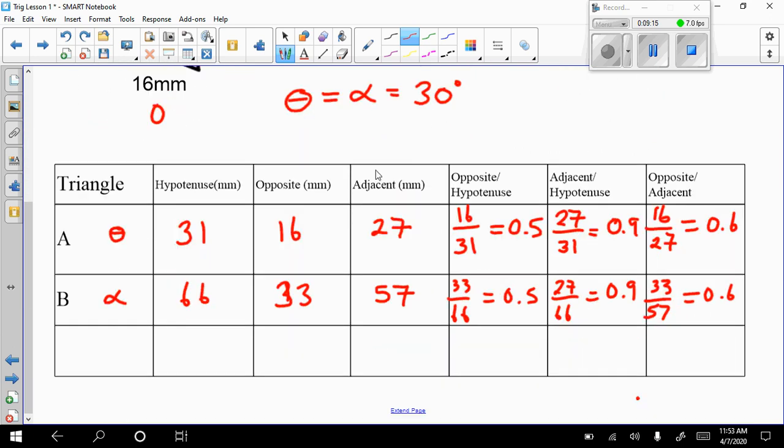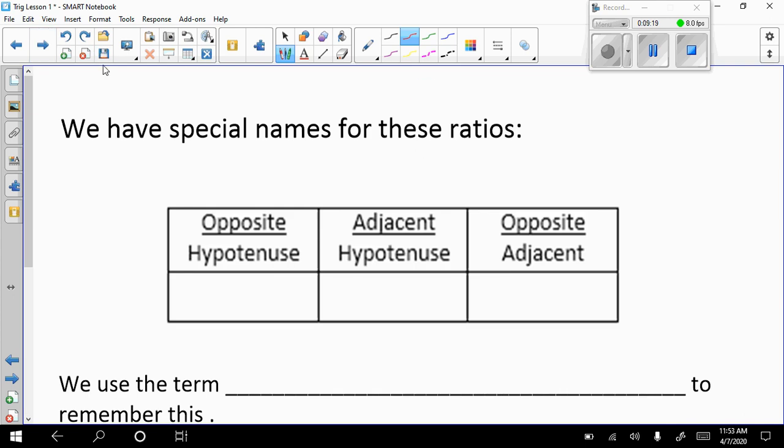Now, let's go to the next slide. And we've come up with special names for these ratios. Whenever you have opposite over hypotenuse, the name we've given to that ratio is sine, S-I-N. When you have the ratio of the adjacent side over the hypotenuse, it's given the name cos.